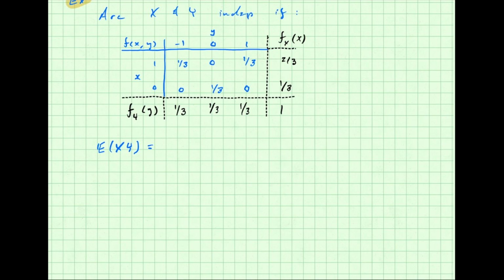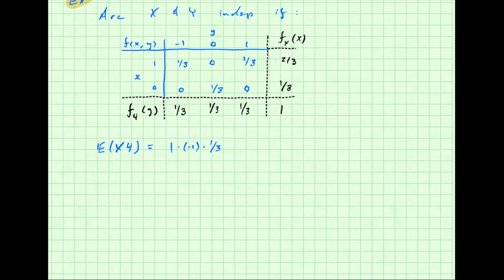I'm going to do the top row first. I get 1 times minus 1 times 1/3, so that's the first entry. The second one would give me 0 because y is 0, so I'm not going to write that one down.